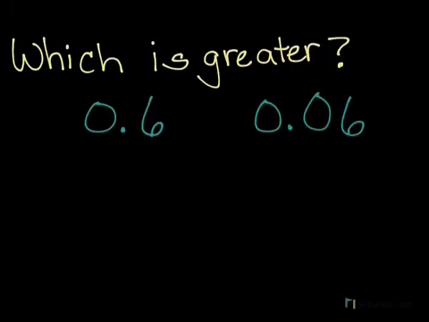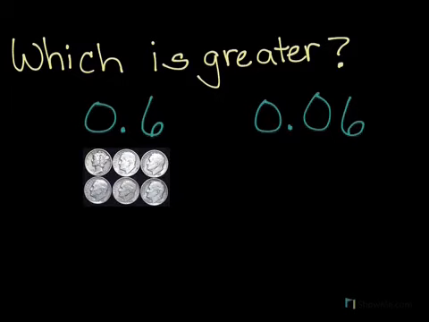Which is greater? Both of these decimals have a 6 in them, but each one shows a different amount. So I'm going to think about money when I compare them.